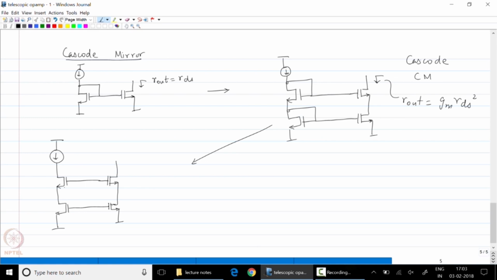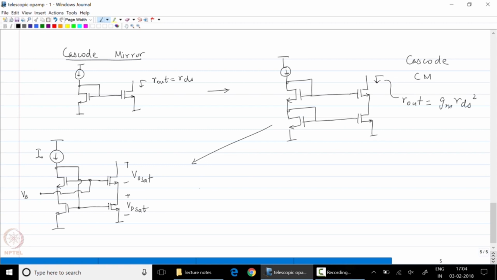The difference is that the feedback is taken from this particular node, and in this case the gate of the upper transistors is tied to a bias voltage such that this is approximately 1 VDSAT, and this is approximately 1 VDSAT.